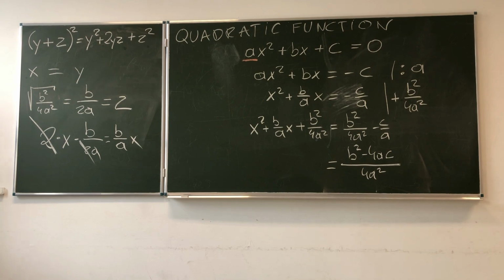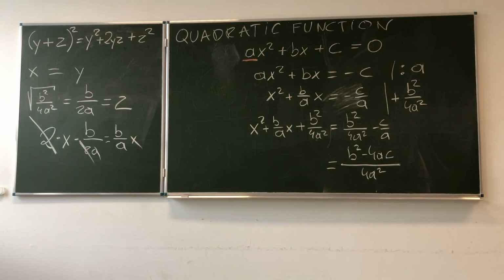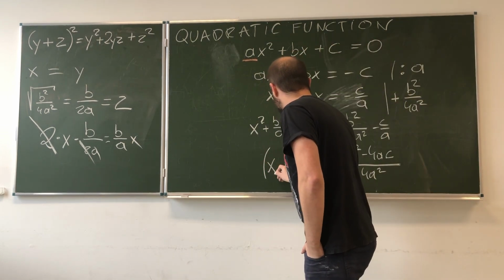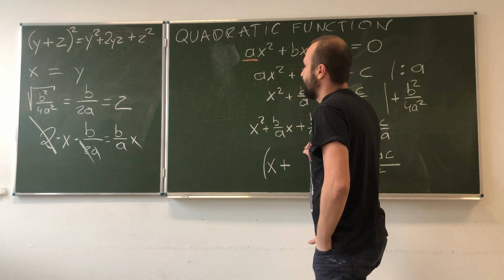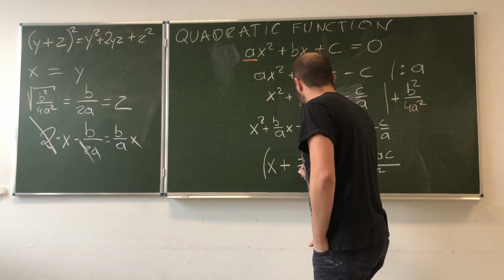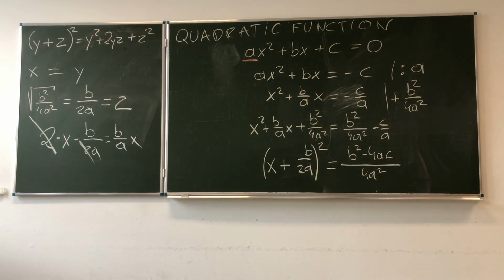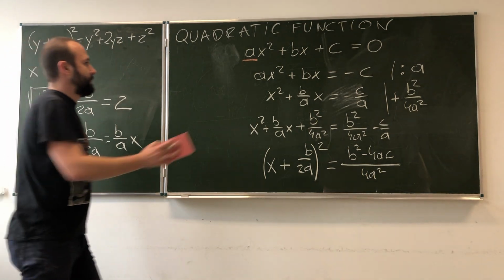So clearly, we can compact this expression to the form x plus b over 2a squared. Okay, so what should we do next?